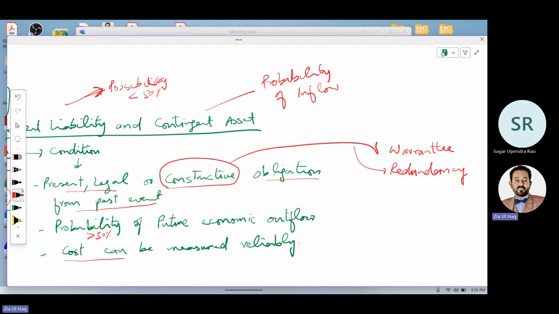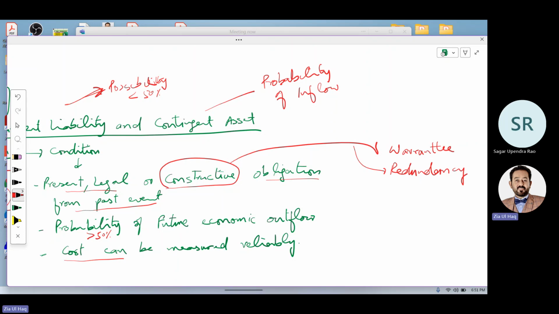Dismissing staff for business survival is called redundancy, and that is a fair dismissal. But while making redundancy, you have to give a notice period to the staff. Or suppose you have appointed staff on a 3-year contract basis. If you are going to remove them before the contract ends, you have to pay them for the complete contract. Then you can make them redundant.